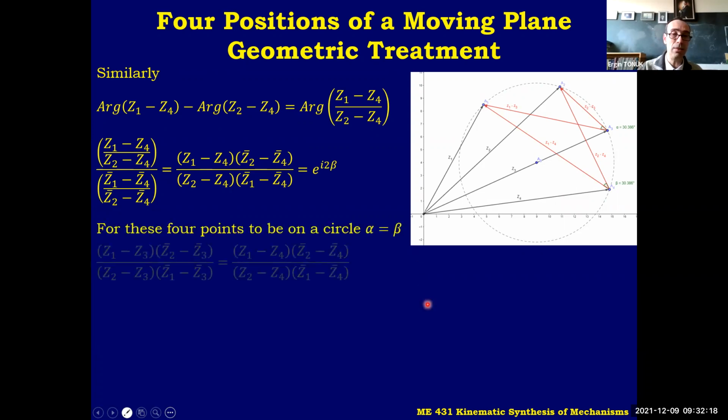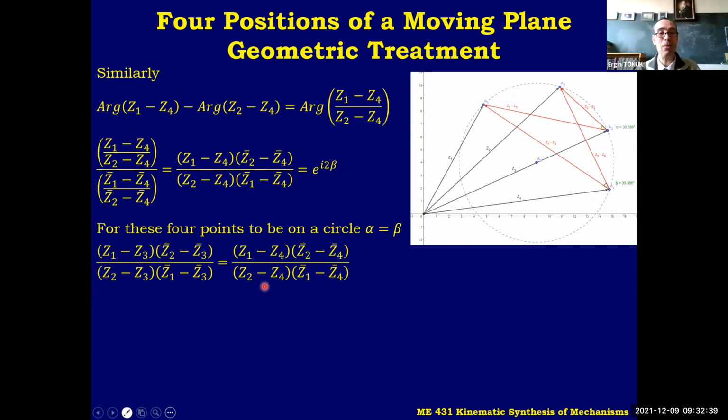So this imposes a condition like this, which is actually a relation on the positions of the 4 points, okay?